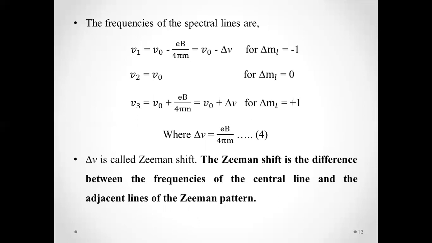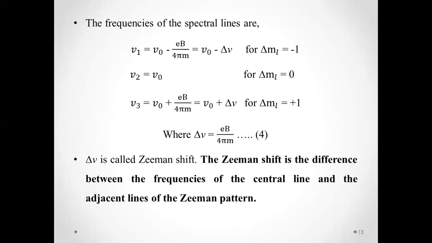Similarly, nu2 is equal to nu naught if delta ML is equal to 0. On the same lines, we get nu3 as equal to nu naught plus eB divided by 4 pi m, which is equal to nu naught plus delta mu for delta ML equals plus 1.